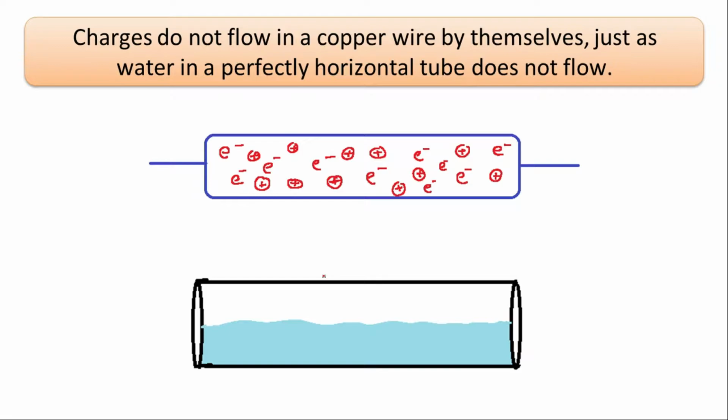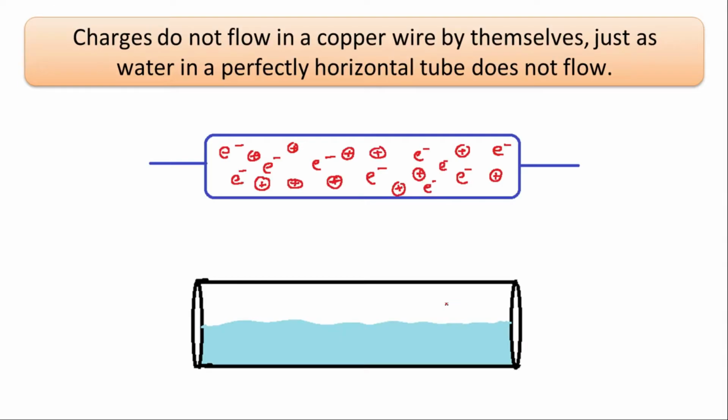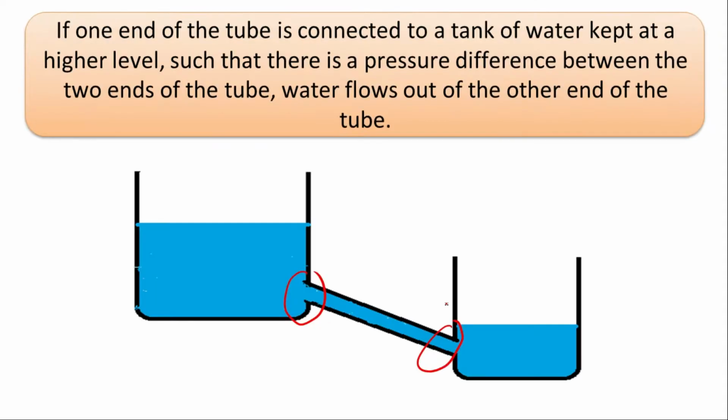Why does this happen? To answer it, let us consider this activity: one end of the tube is connected to a tank of water kept at a higher level, such that there is a pressure difference between the two ends of the tube. We connect the tube with the tank at the higher level and with another tank kept at a lower level.